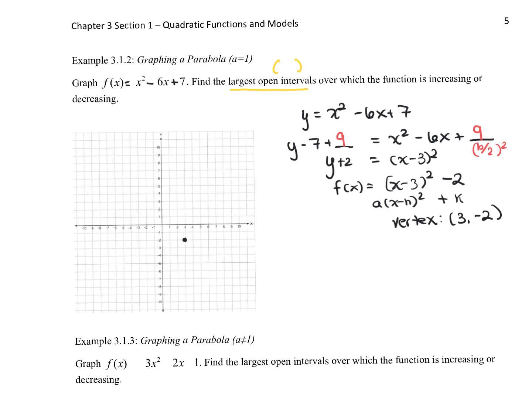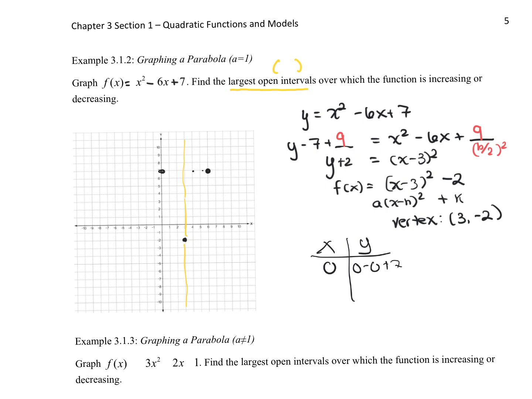And now let's make a table and plug some points in around that vertex. Let's plug in 0. 0 is super easy because you get 0 squared minus 0 plus 7. So (0, 7). And that was over 3 from my axis of symmetry, so we can go over 1, 2, 3 dots the other way.